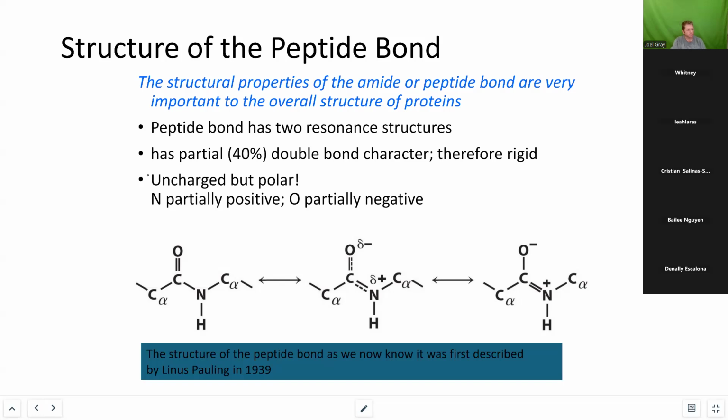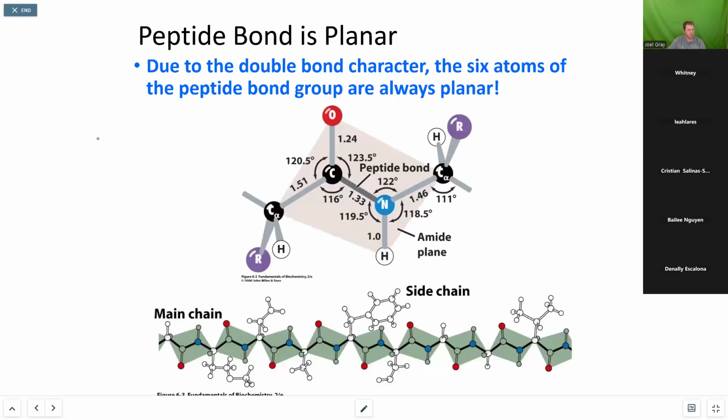Now, the structure of the peptide bond was first described by Linus Pauling in 1939, and Linus Pauling would go on to continue having a fantastic career as a scientist, and propose the triple helix of DNA, which ultimately was disproven because of Rosalind Franklin's work, but he was an earth mover in terms of life sciences.